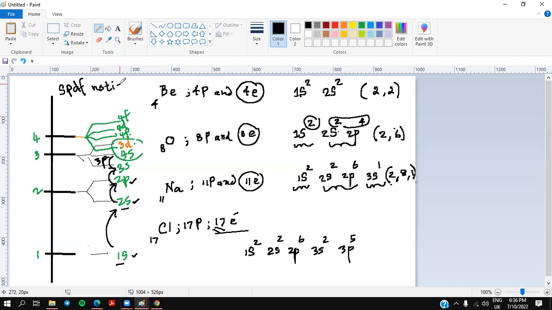Why do we call it spdf notation? Because in our electronic configuration, I write in detail where exactly electrons are, in what sort of orbitals: s, p, d, or f. This is how we do the electronic configuration for elements in spdf notation.